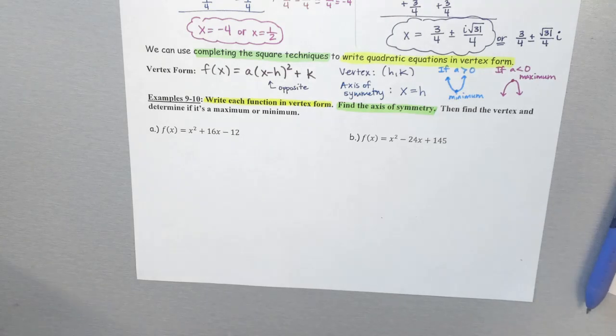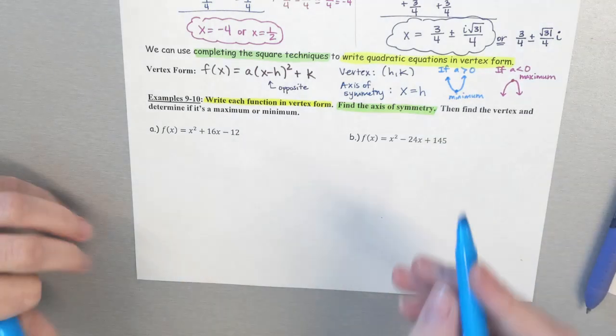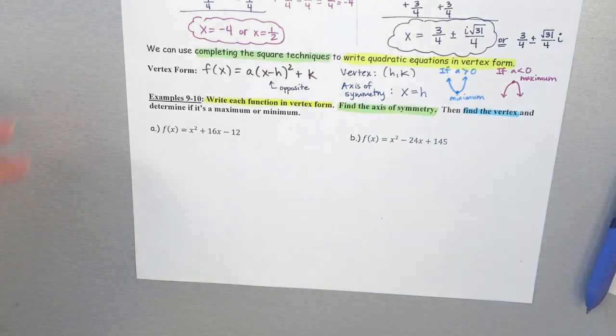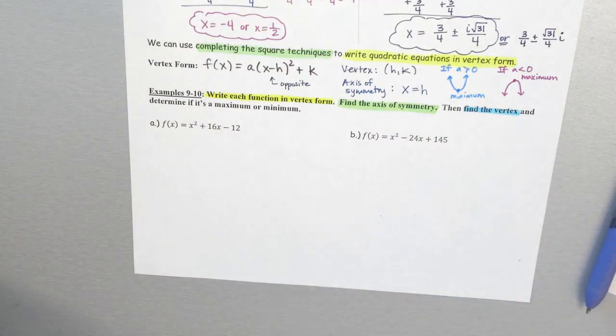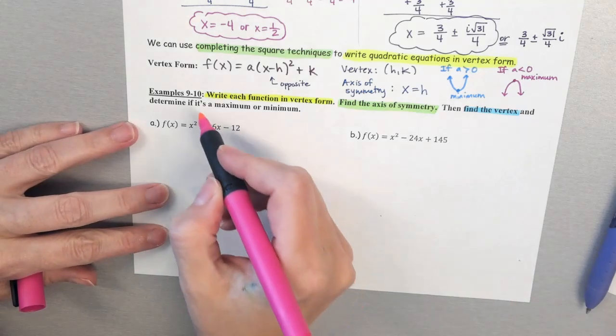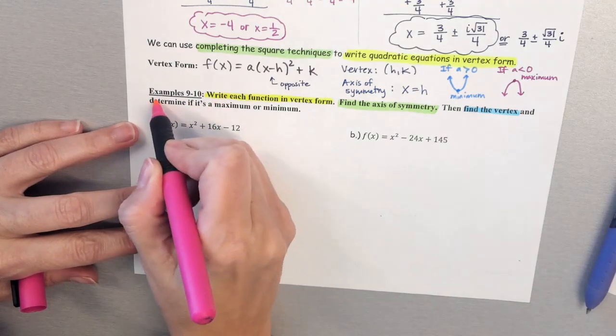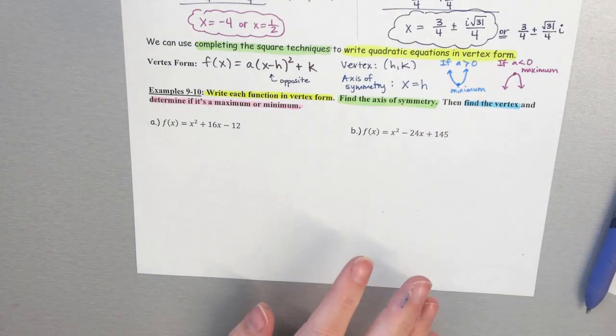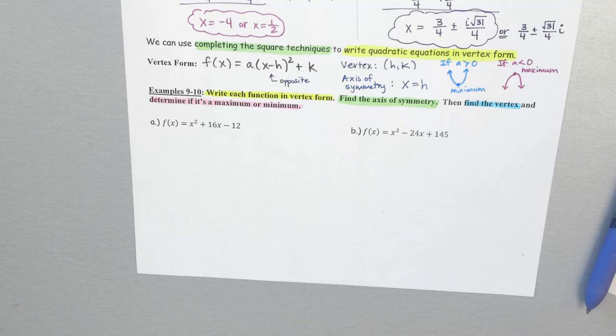Then you need to find the vertex. And then you also have to say if that vertex is a maximum or a minimum. So there are 4 different things that they are asking you to do here.